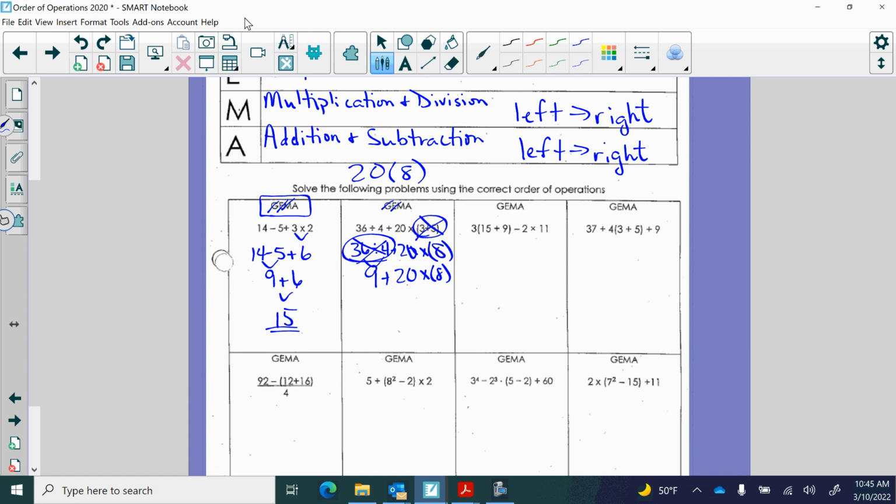Do I have any additional multiplication or division? Yes, I'm going to do this one next. So I rewrite everything else. 9 plus 20 times 8 is 160. Do I have any additional multiplication or division? No. All I have left is adding. Adding 9 plus 160 gives me 169.